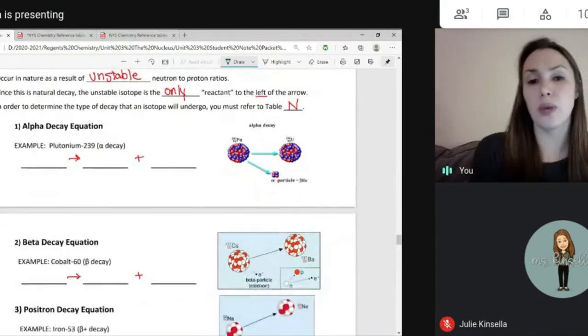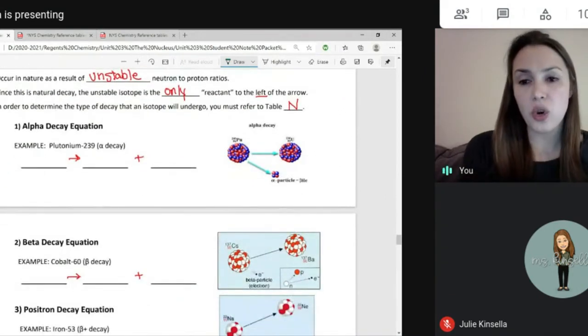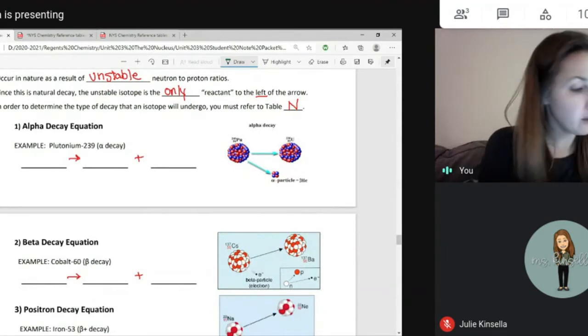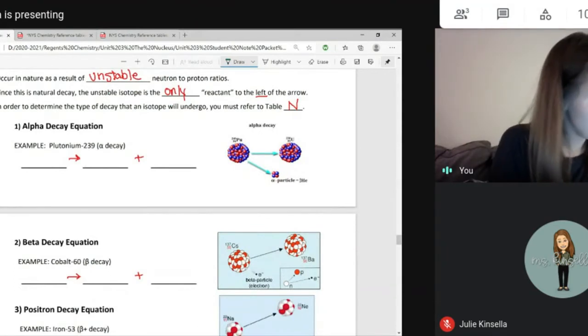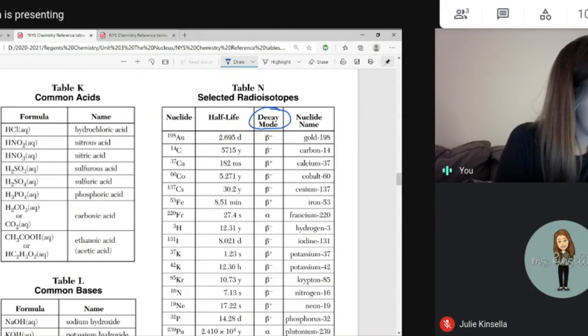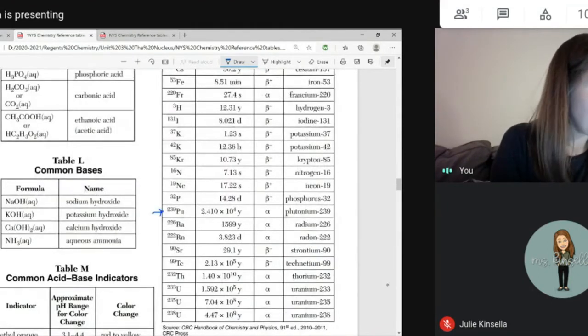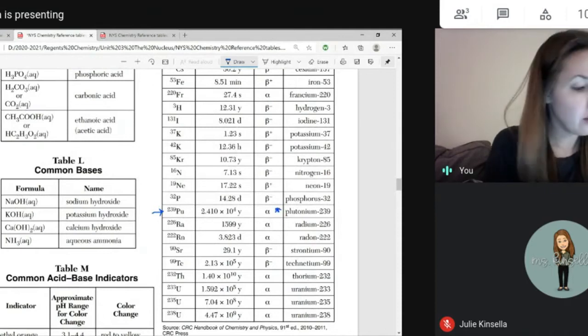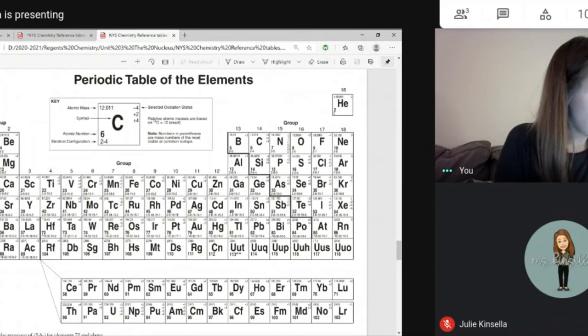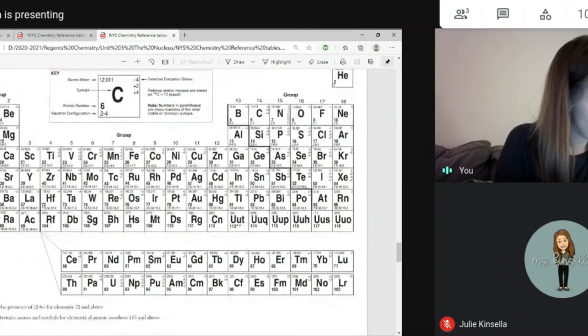So here, our first one I'm telling you is alpha decay. Plutonium-239, which if I come over to Table N, I'm going to see plutonium-239, and it's showing me alpha decay. So that's how I know it's alpha decay. I'm also going to need to know the atomic number. I'm going to come down here, and here's my plutonium right here.